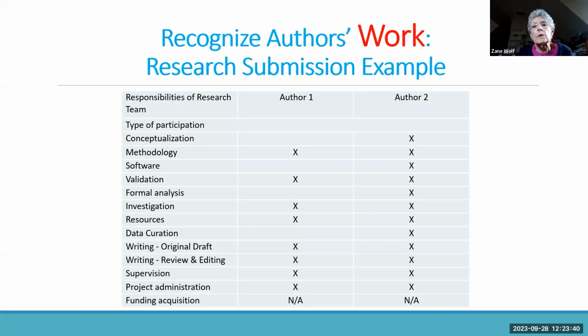One of the things I think it's important to recognize as well is that when you are emphasizing what is going on as you do the peer review and critique it, you're really recognizing authors' work.